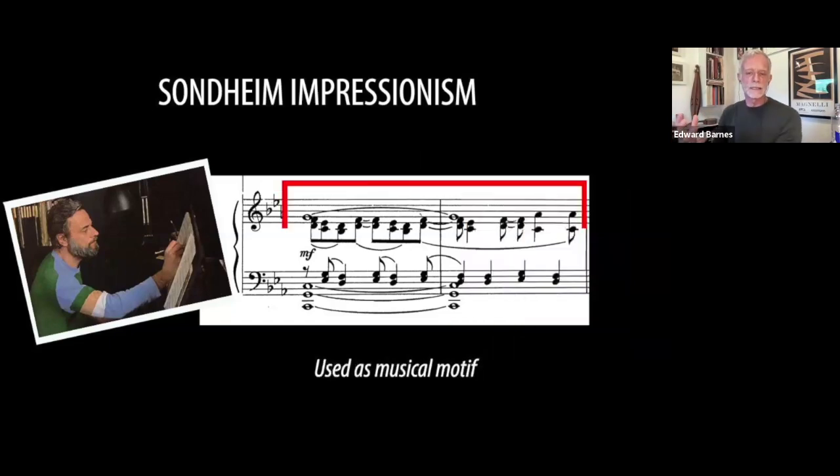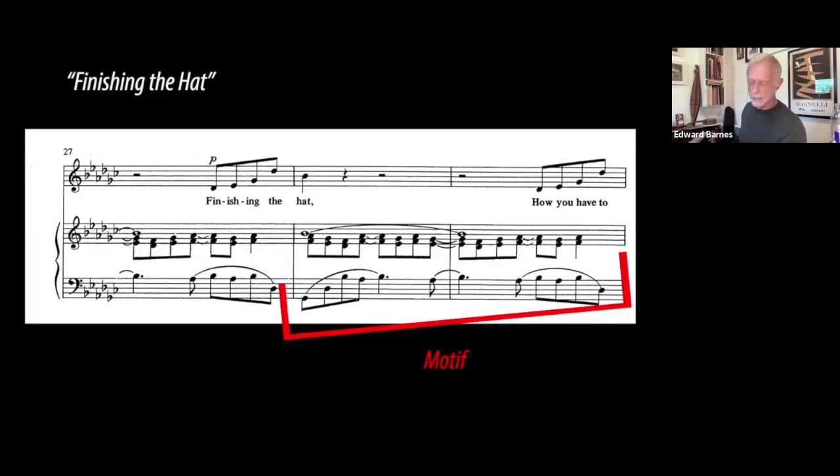Now, once he does this, Steve, being Steve, makes use of everything. So this also is used as a musical motif throughout the piece. It's frequently associated with some sort of completion or satisfaction with what the painter has done. A really beautiful use of it is in the tune Finishing the Hat, where instead of being in minor, he takes it in the major.